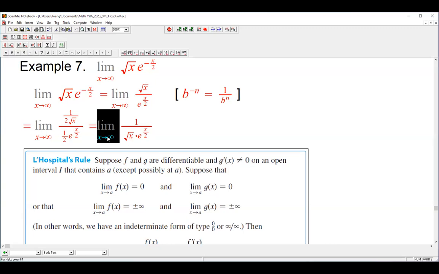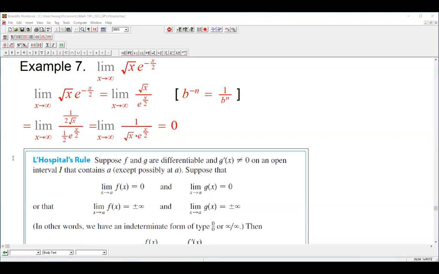When x is approaching infinity, that approaches infinity, that approaches infinity, so that 1 over infinity, that's going to be 0. And here, certainly we cannot apply L'Hopital rule, but we don't need to. We don't need to. Okay.